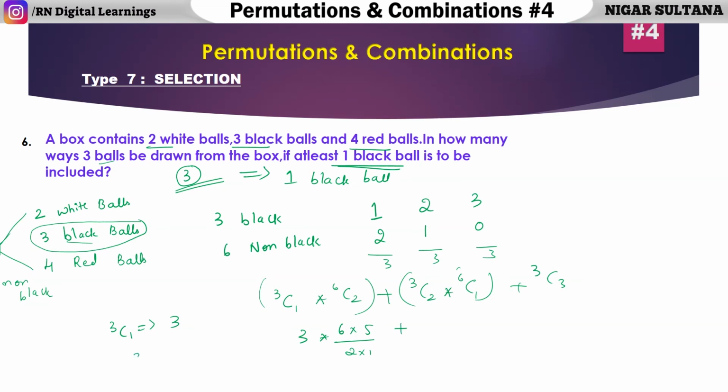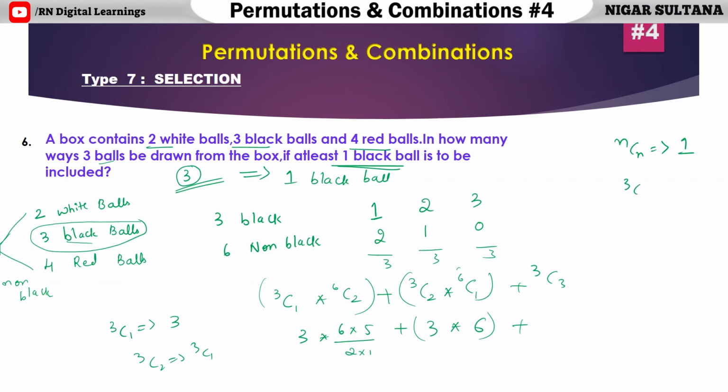Plus 3C2 can be written as 3C1 because 3 minus 2 is 1. This 3C1 is nothing but 3 again star 6C1 is 6, then plus NCN means it is 1. Already we have studied in our first video of permutation and combination that NCN is equal to 1.